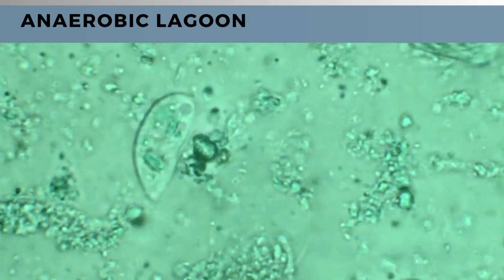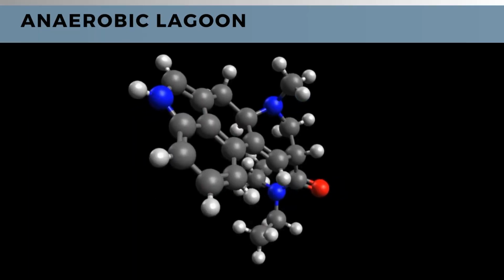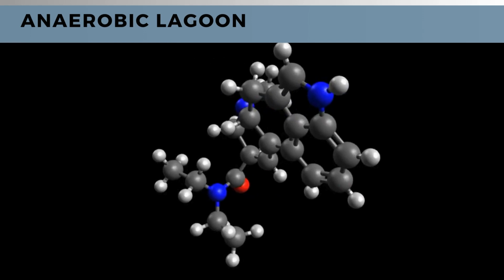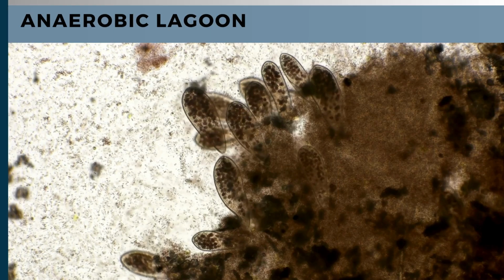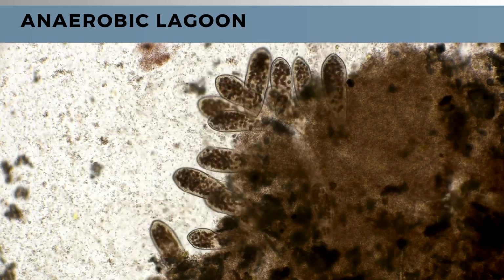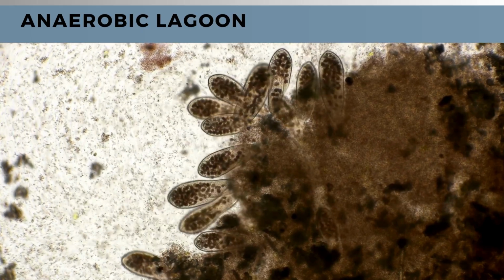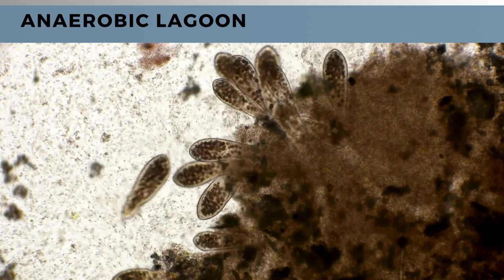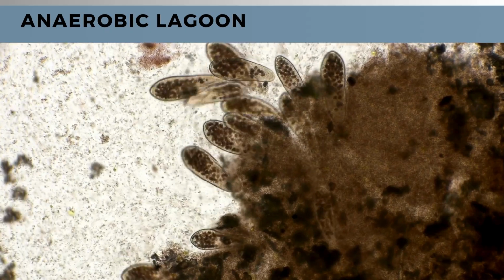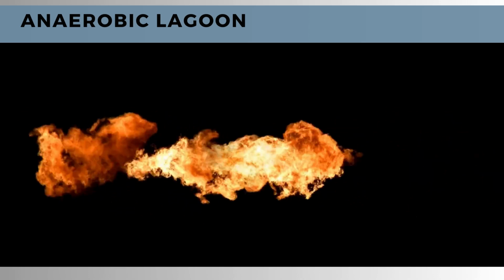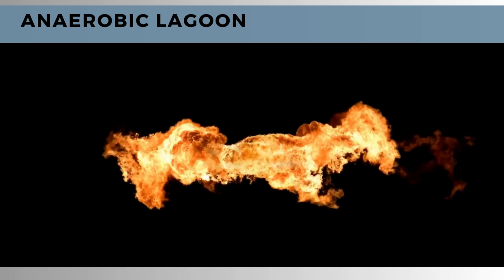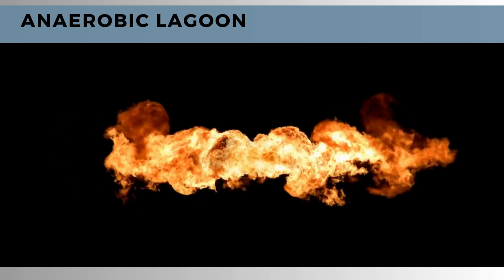Microorganisms further break down these compounds into volatile fatty acids, ammonia, hydrogen, and carbon dioxide. In methanogenesis, a specific type of archaea then converts acetic acid, hydrogen, and carbon dioxide into methane. Methane is a primary gas produced in anaerobic lagoons, often released into the atmosphere unless captured for energy.